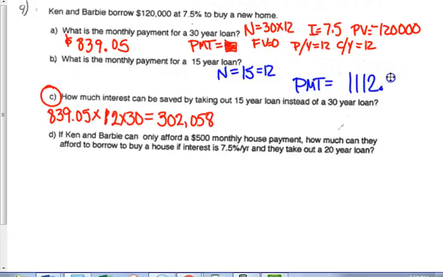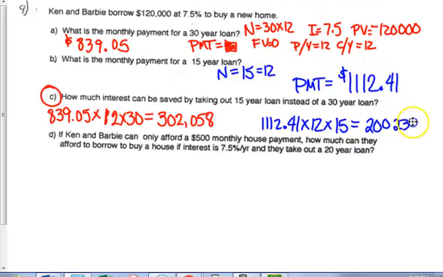1,112. Okay, so how are you going to figure out how much that costs you total? Well, almost. 12 times what, though? 15 years. I'm just going to round it to a 4, okay?